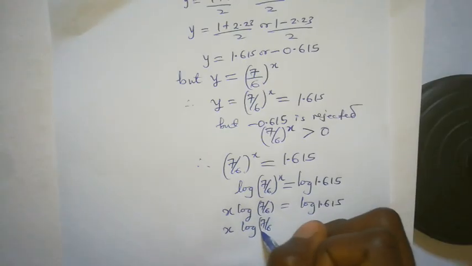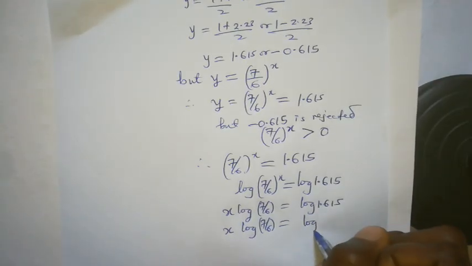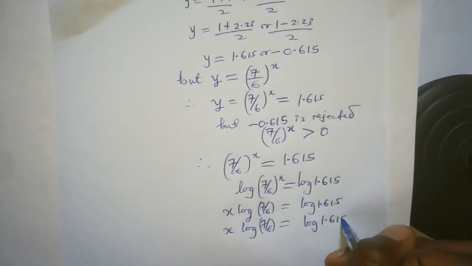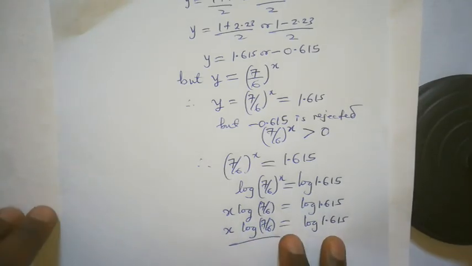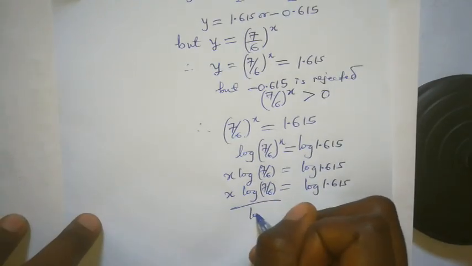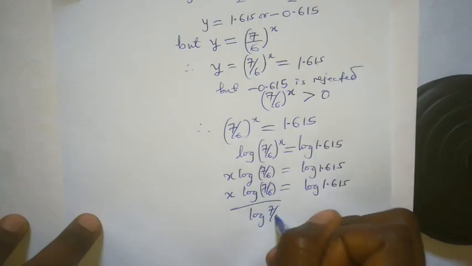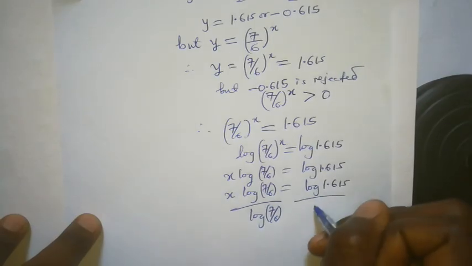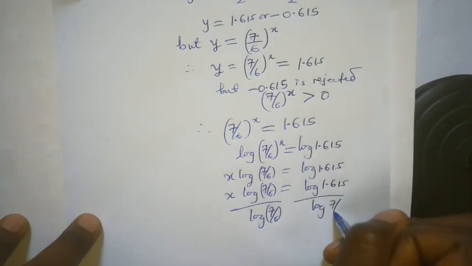Let's divide both sides by log of 7 over 6.